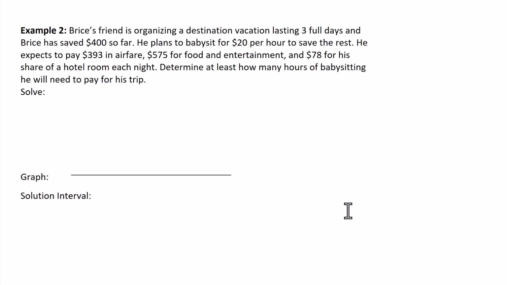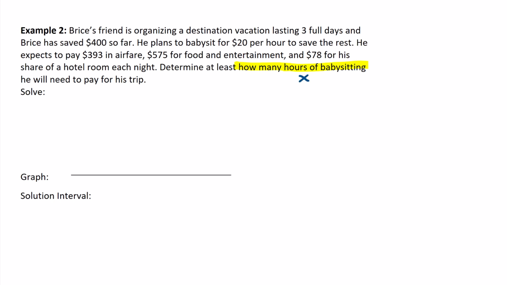Determine at least how many hours of babysitting he'll need to pay for his trip. So we'll go ahead and highlight what we need to find. We need to find how many hours of babysitting he'll need to pay for his trip. We'll go ahead and call that x.